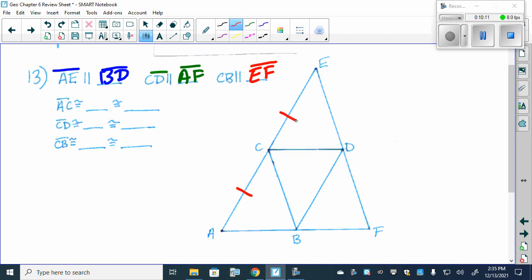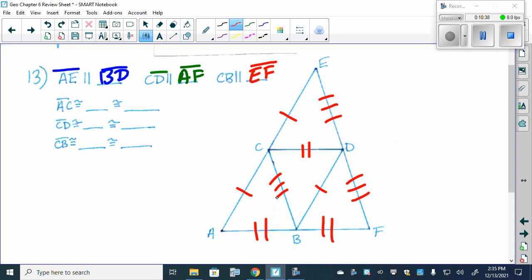Now, because each one of these is a midpoint, it's going to cut each of these sides in half. They're going to be two congruent parts, and they're actually going to be congruent to their midsegment, because the midsegment is equal to half the length of the third side. If the midpoint's the middle, it's going to cut it in half. So those three would be the same.